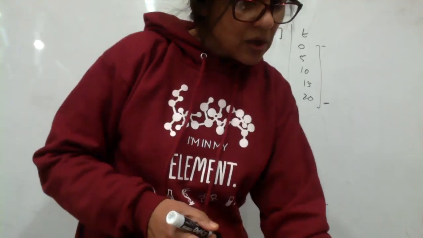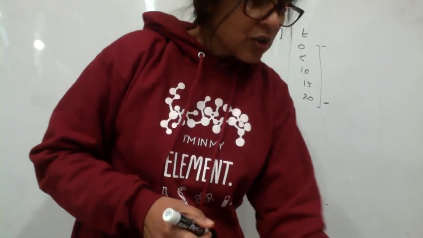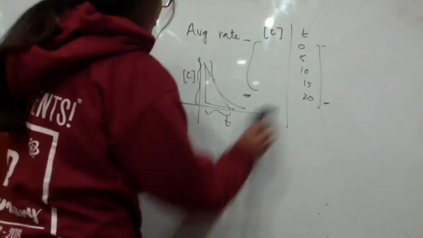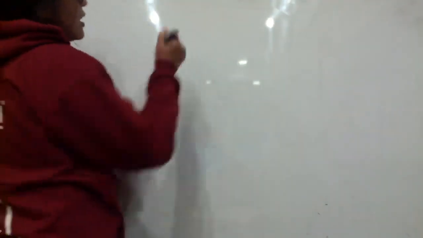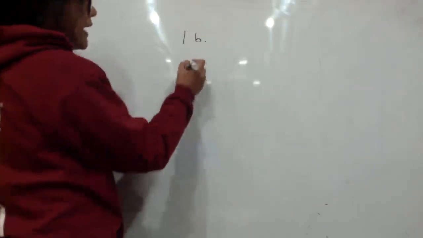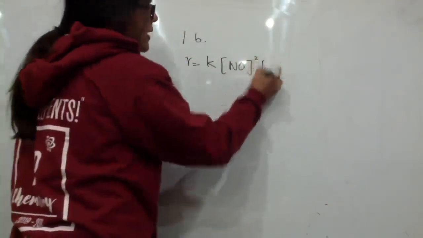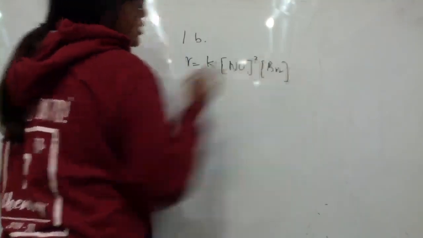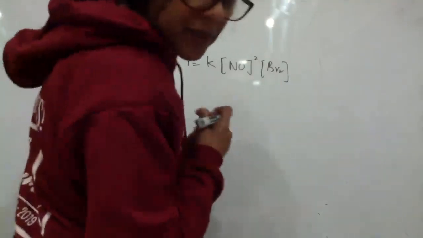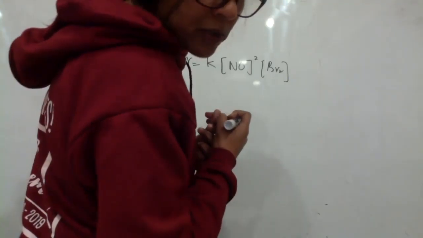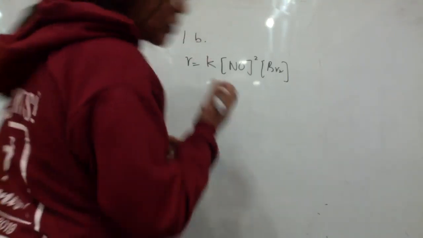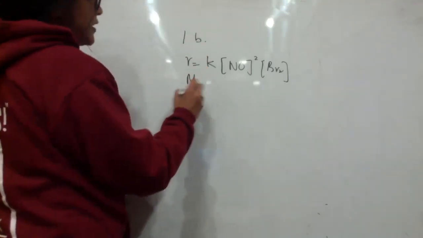Units for 1C on the practice test. So we figured out in part 1B that R is equal to K [NO] squared [Br2] to first order. So the units of rate were molarity per second.